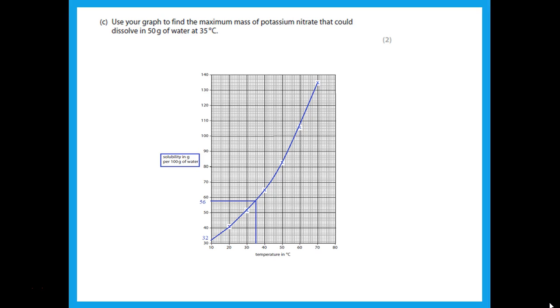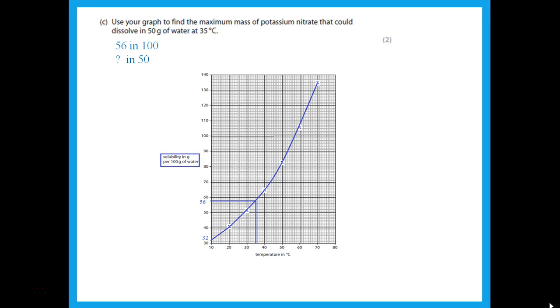Is that my answer? That's not my answer. Because the graph is solubility per 100 grams of water. That means if I have 100 grams of water, it will dissolve 56 grams. But he doesn't have 100 grams of water. He has what? He has 50 grams of water.